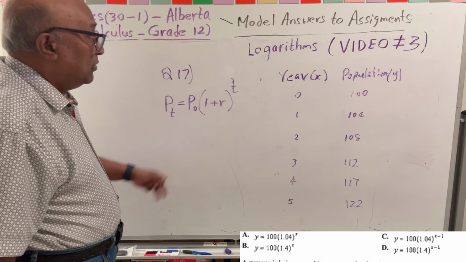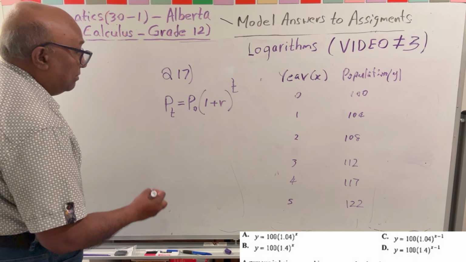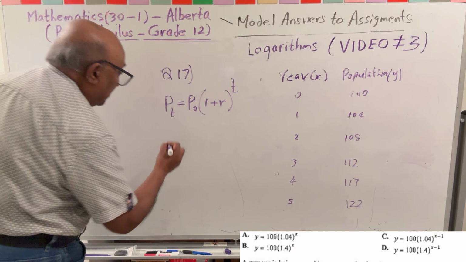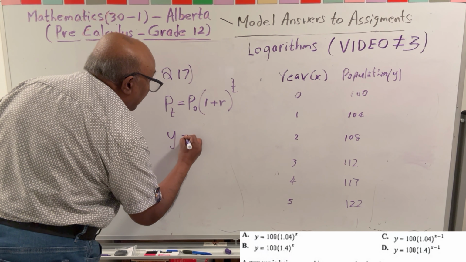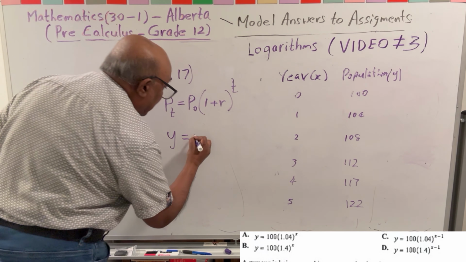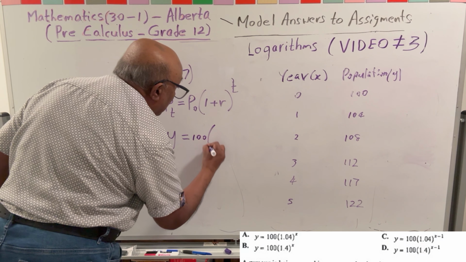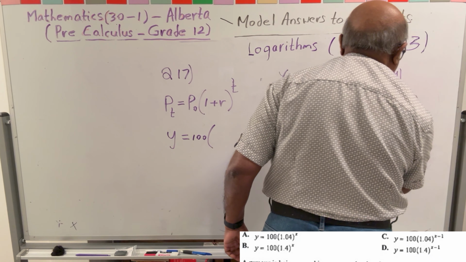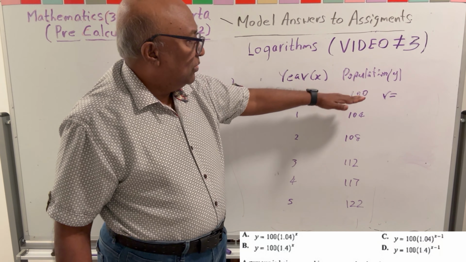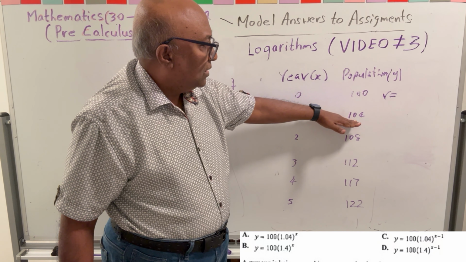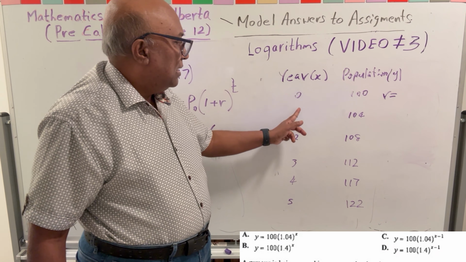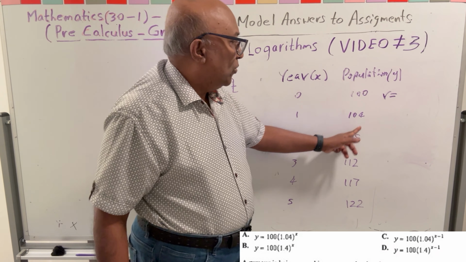We can apply this information here, okay? Pt equal, that is Y. In general, Y. P0 is 100. What is the growth rate? R equal, you can see the information in two consecutive years. From year 0, 100, at the end of 1 year, that is 104.